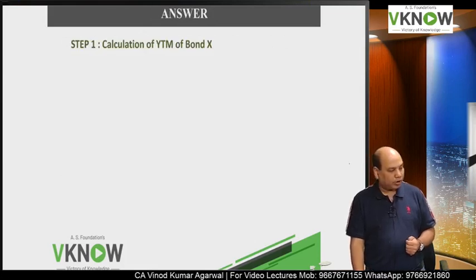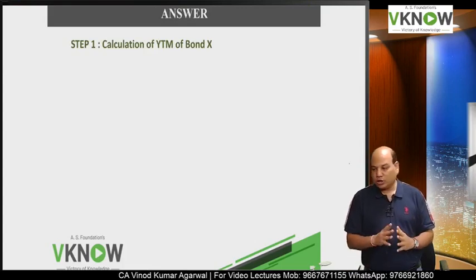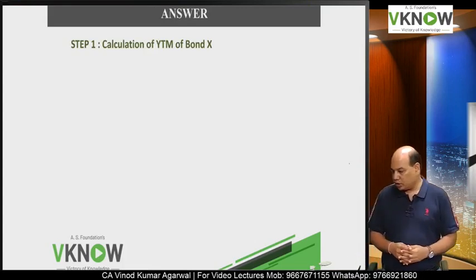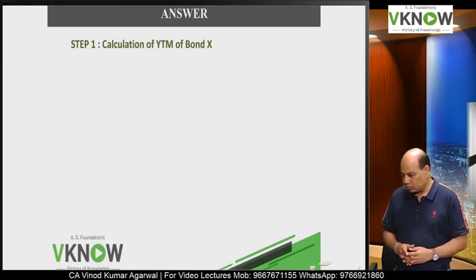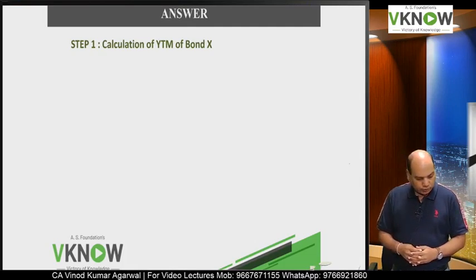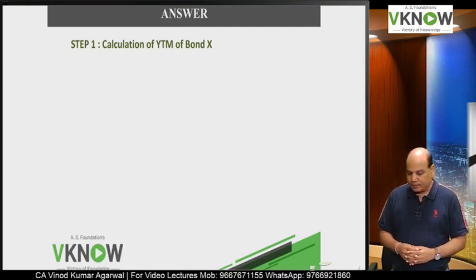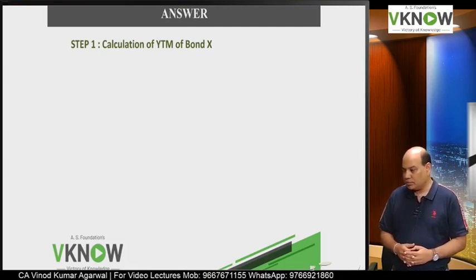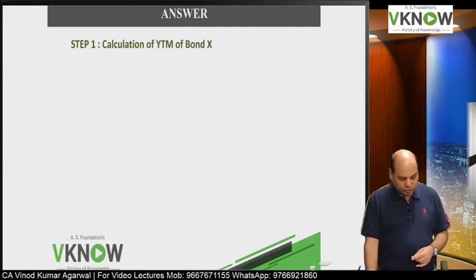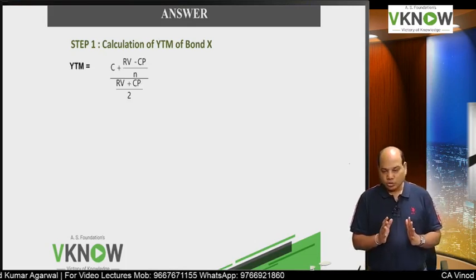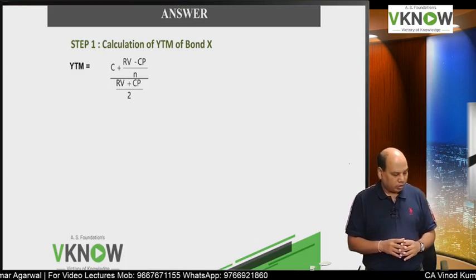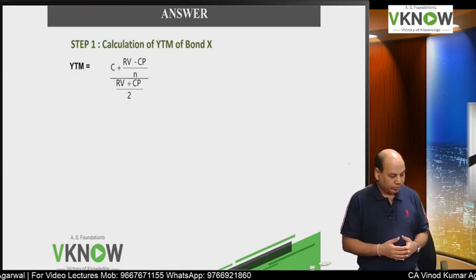So first, step 1, write down in the notebook: calculation of YTM of bond X. It's a coupon paying bond, so I can use the formula, or I can use the IRR also.